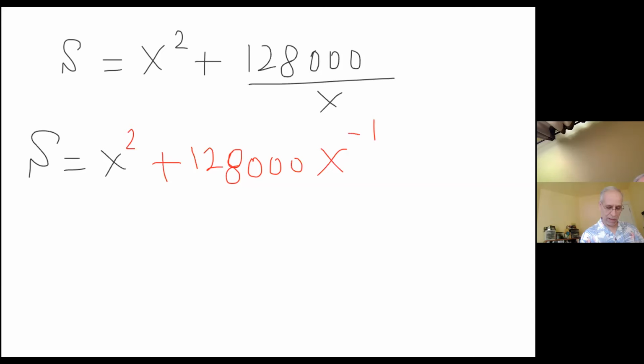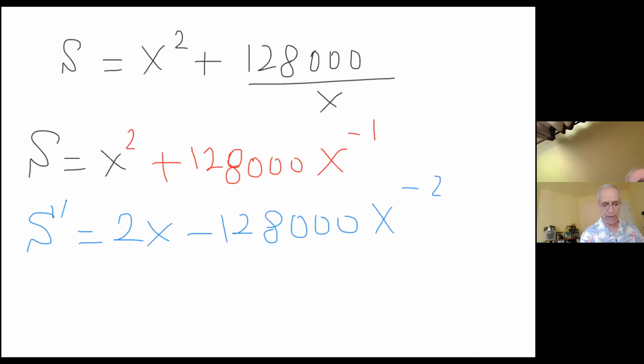So now I can claim that S prime equals 2x minus 128,000 x to the negative 2. And now I know that if I set the derivative equal to 0, I'm going to find my critical values, if any. So I'm going to say 2x minus 128,000 x to the minus 2 equals 0.